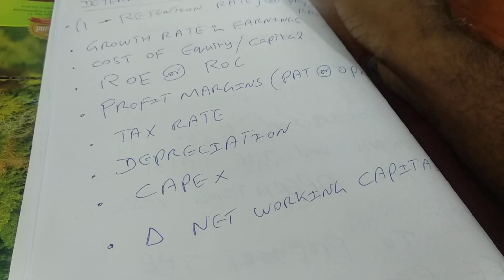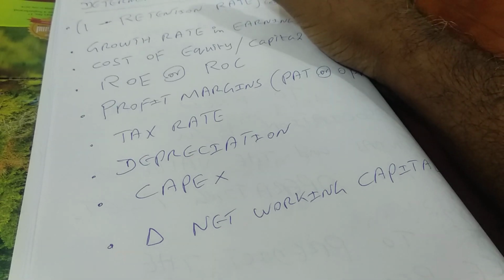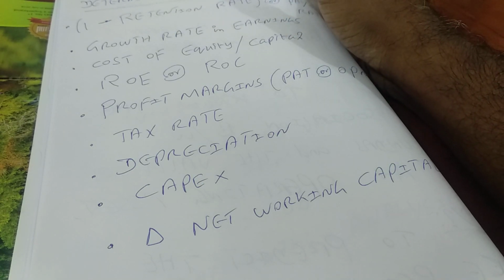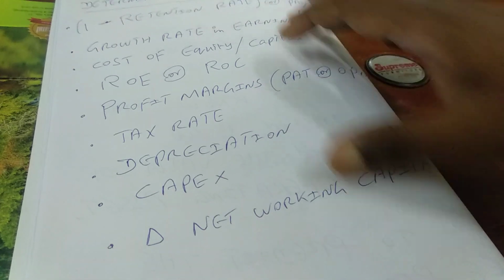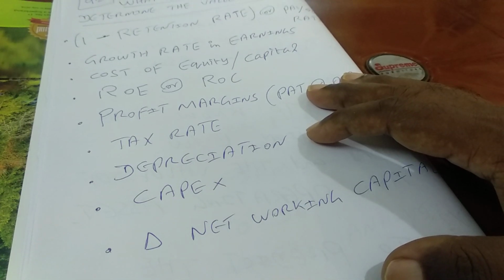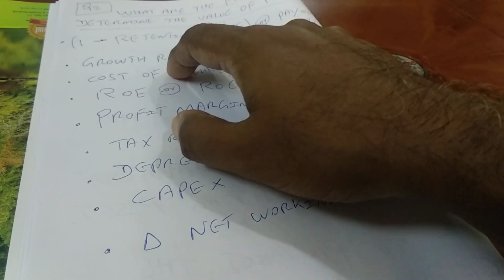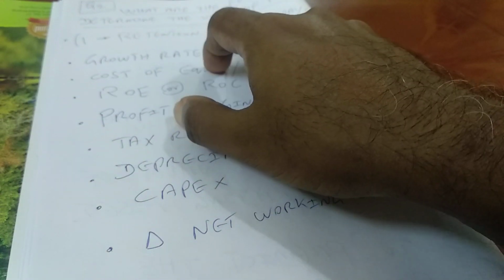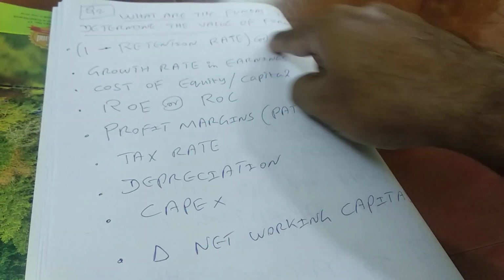So to put it briefly, the focus of fundamental analysis is to relate the fundamentals that determine the value of a firm with that of its value. The following are a few examples for the determinants of the value of the firm in terms of fundamentals. For instance, the payout ratio, which is otherwise known as 1 minus retention ratio, is one of the fundamentals that determine the value of the firm.